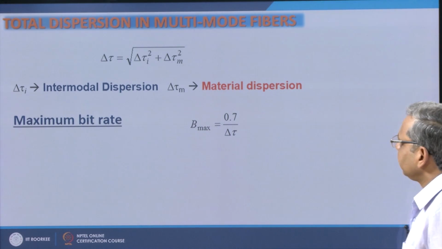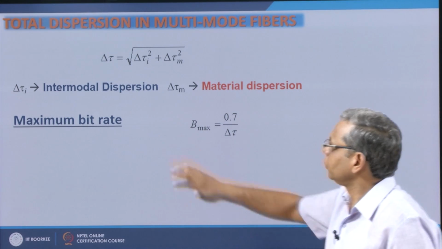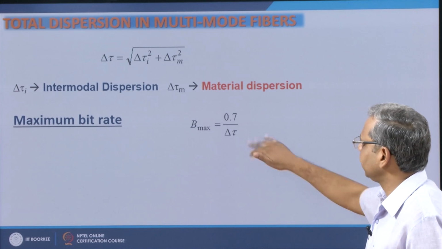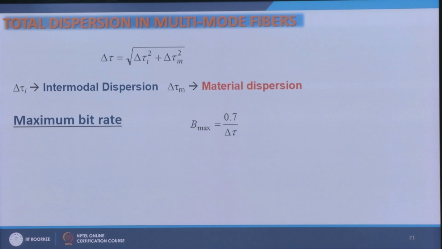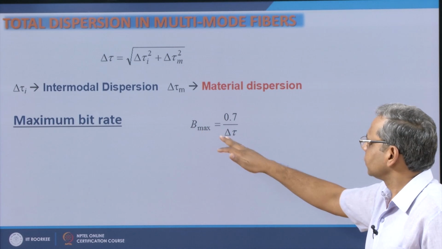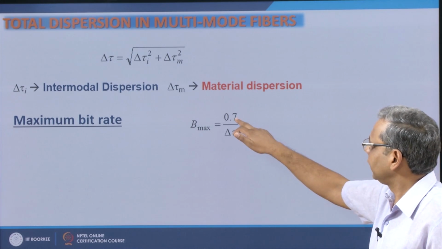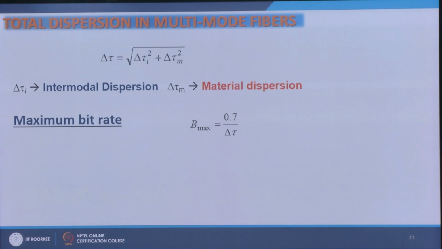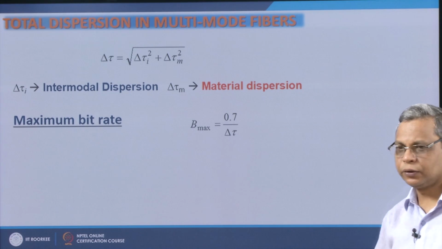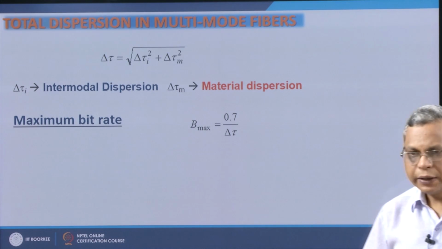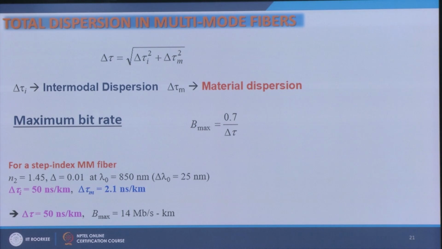Then the maximum bit rate I can find out if I know the total dispersion by 0.7 over delta tau, and I know that B max times delta tau should be less than 1, but I have taken this factor 0.7 here. It corresponds to non return to 0 coding.